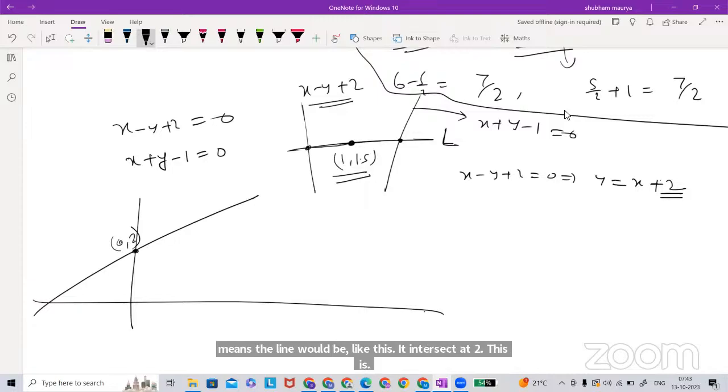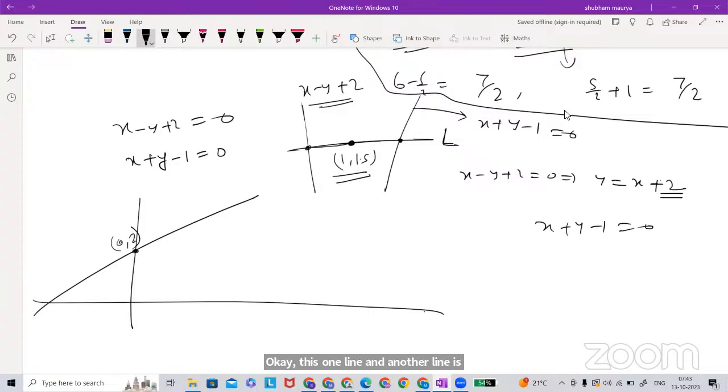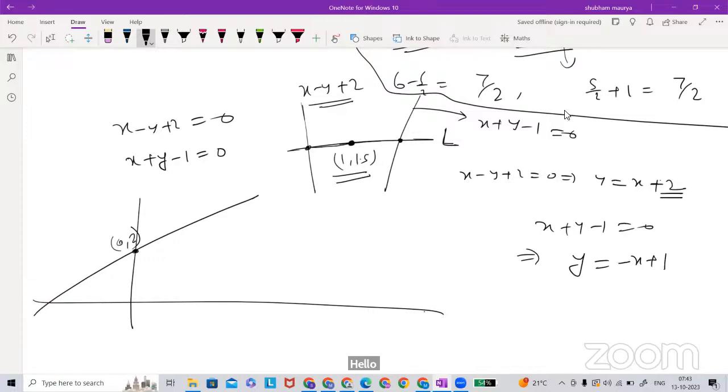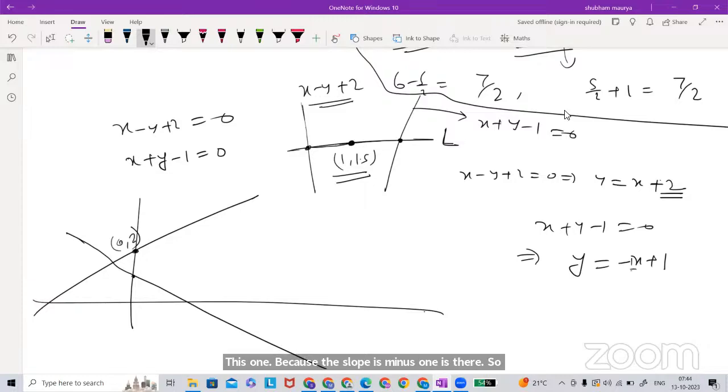Okay, this is one line, and another line is x plus y minus 1 is equal to 0. That means y is equal to minus x plus 1. So this line intersects at 1, and because the slope is minus 1, this side will be more than 90 degrees.